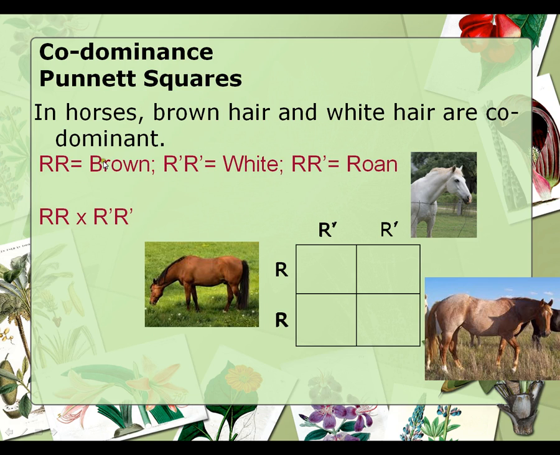So we're going to use RR for brown. We're going to use an R with an apostrophe for the white. A roan horse would have one R without an apostrophe for brown and one R with an apostrophe for white. And both of those hair colors show up on the horse. So let's cross one that is white and brown.